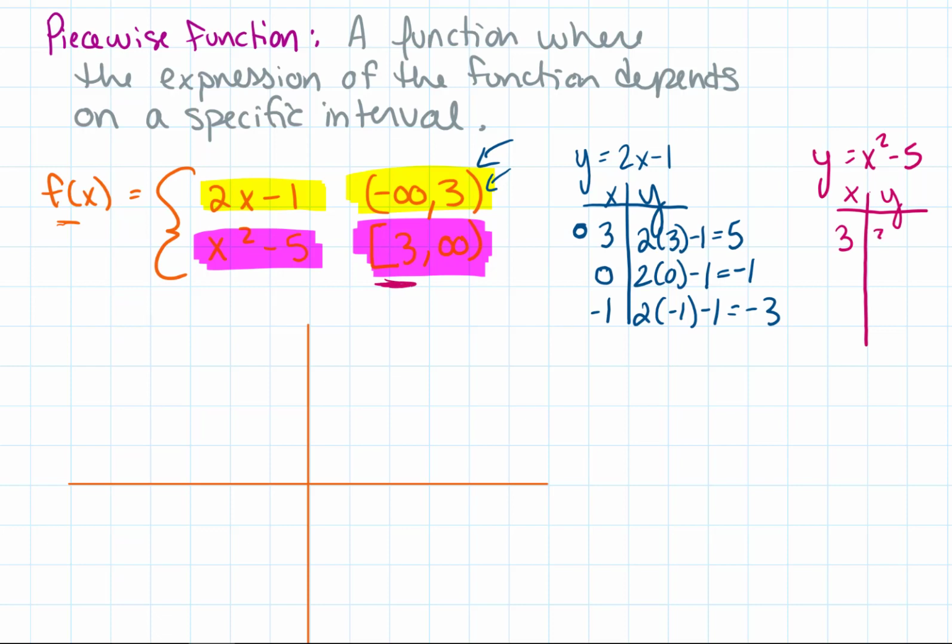So I get 3 squared minus 5, which is 9 minus 5, which is 4. Then I need a number bigger than 3, so I'm going to pick 4. 4 squared minus 5 is 16 minus 5, which is 11. So we're getting kind of big here with the numbers, so I'm actually just going to stop.